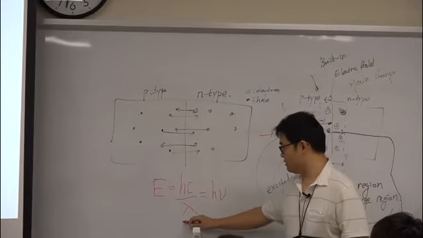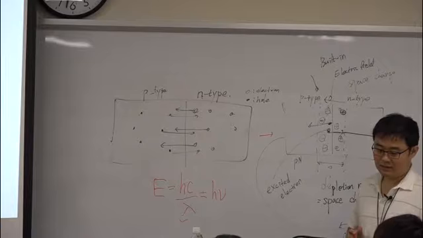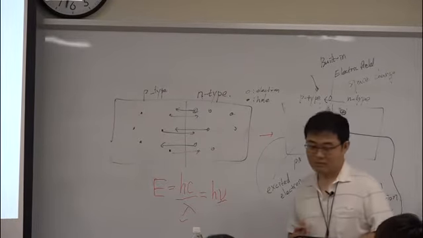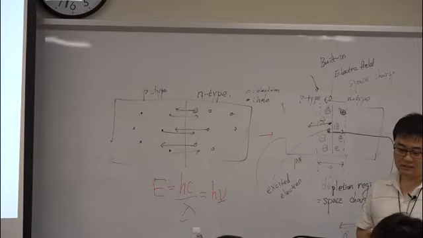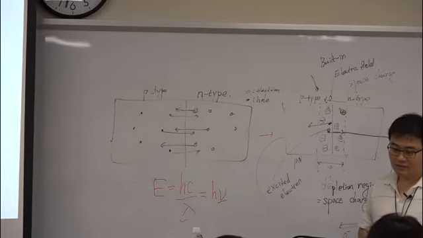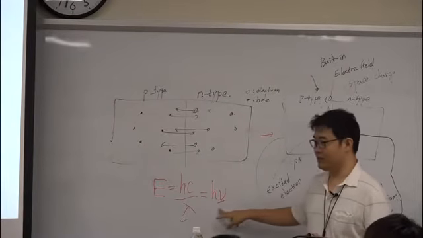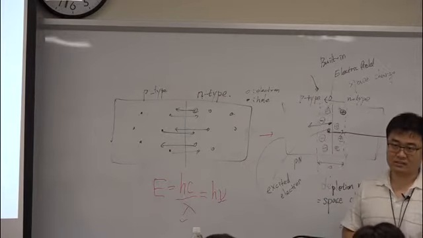Lambda is the wavelength of the solar light, and mu is the frequency of the solar light. So depending on the spectrum, we can have different values of lambda and mu, and thereby the energy will change.